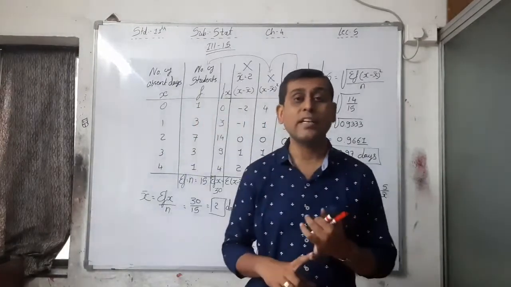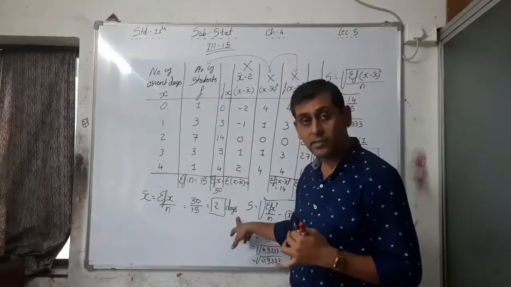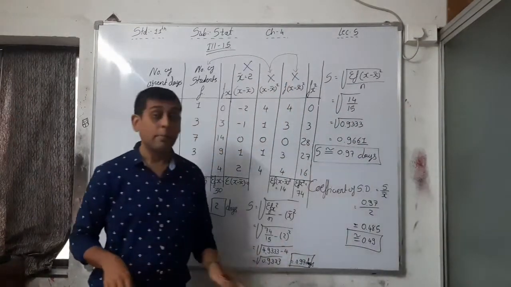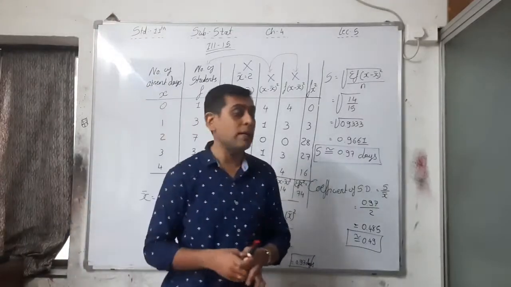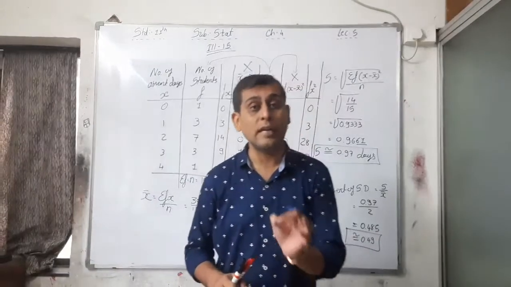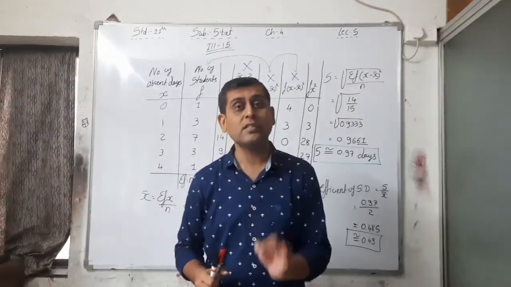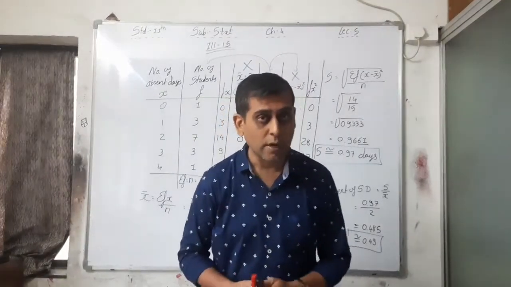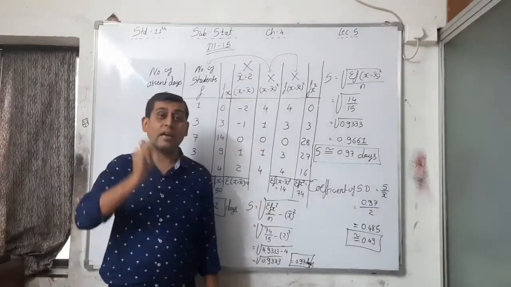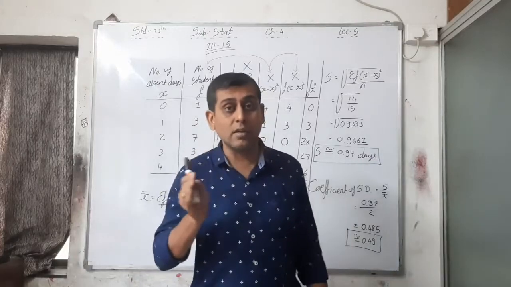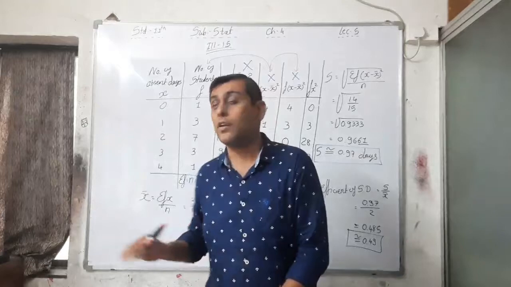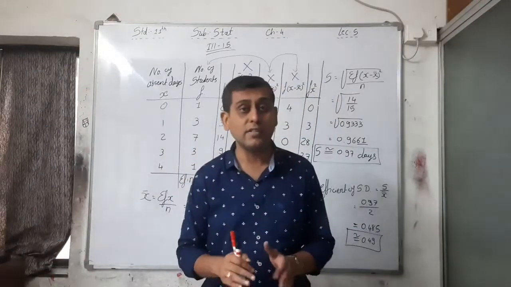See, in x bar you have to write 2 days. In standard deviation you have to write 0.97 days, but you don't have to write days in the coefficient of standard deviation. Only the answer is 0.49. Okay, so you just have to find out the coefficient of standard deviation, and don't attach the unit given in the question, that is days here.